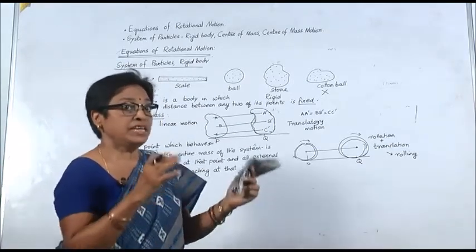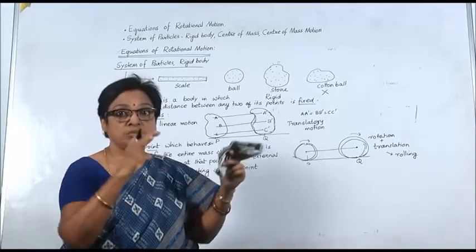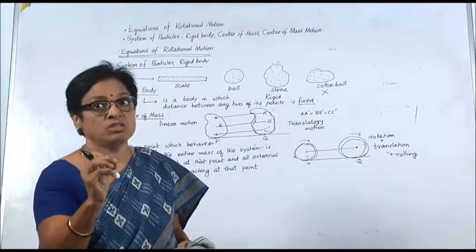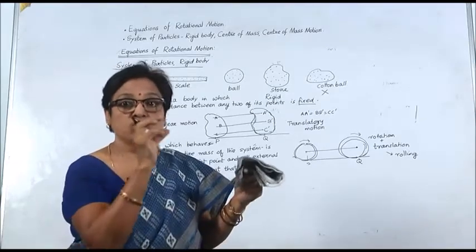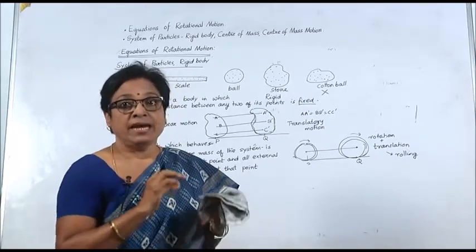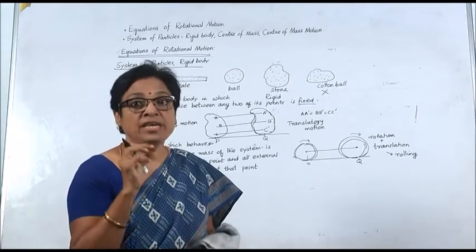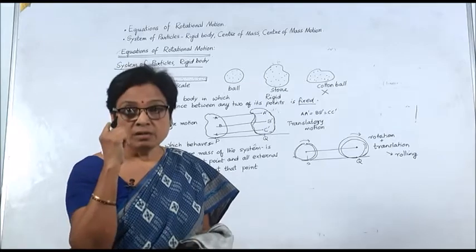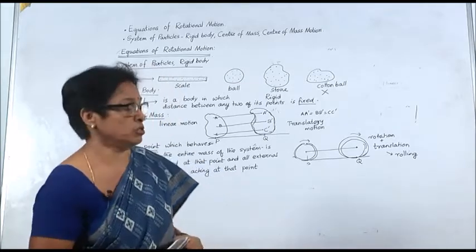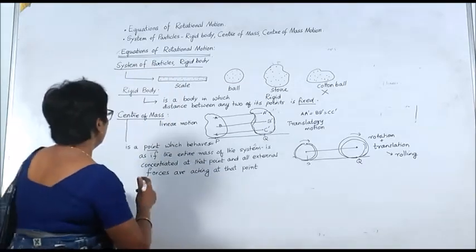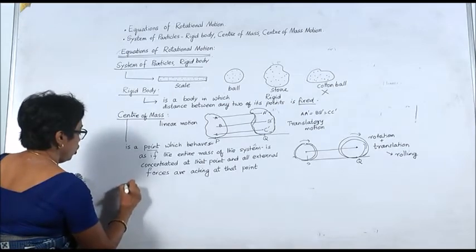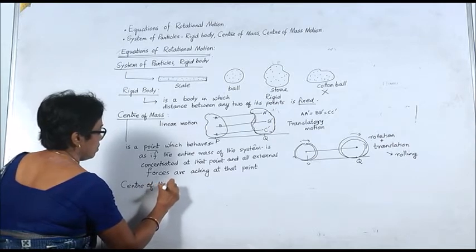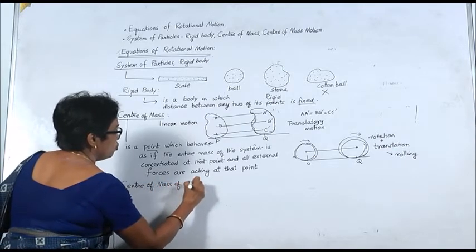So, that means instead of the rigid body or the extended body, we can replace it by a point mass whose mass will be equal to the mass of the rigid body, and we will see that this point mass will behave as if it is experiencing all the external forces. So, if we have 2 points, let us say center of mass of 2 bodies, of a 2 body system.